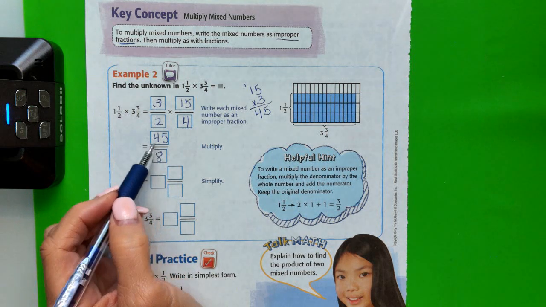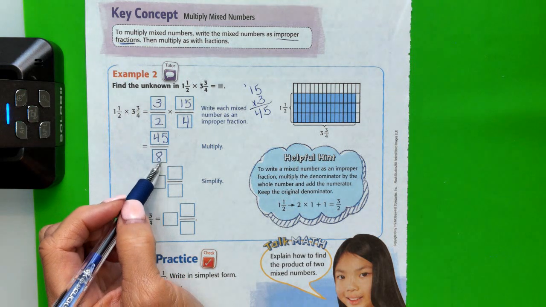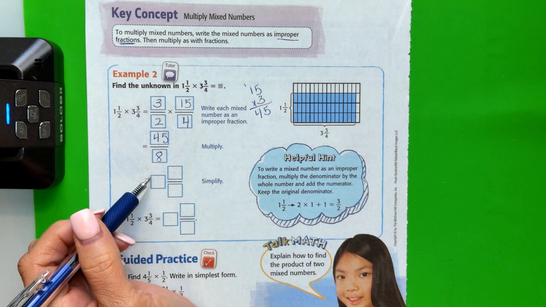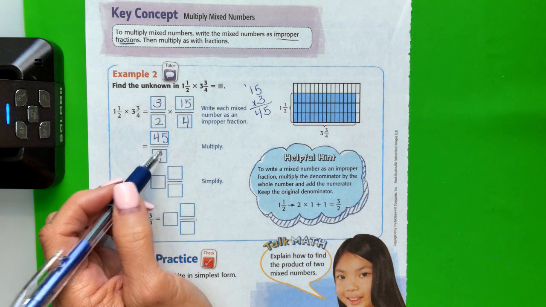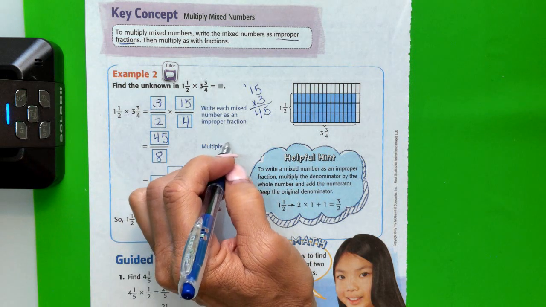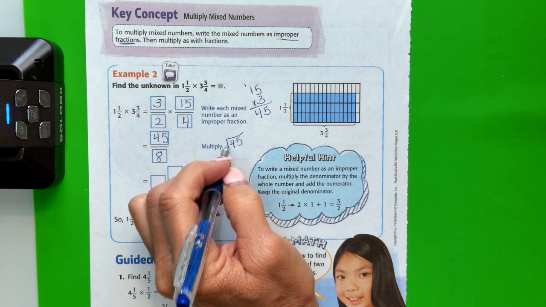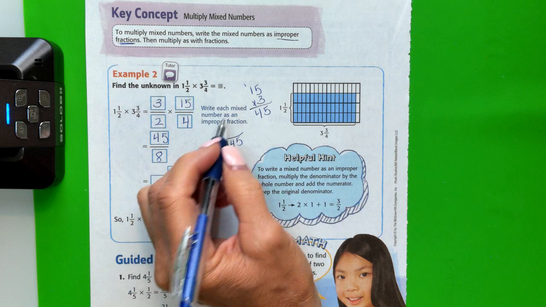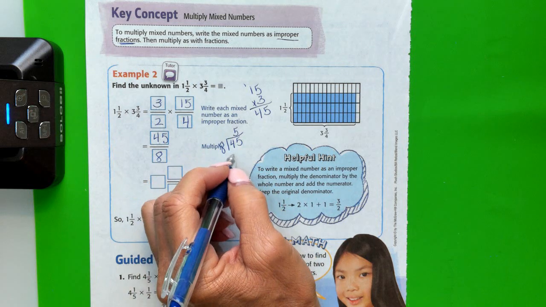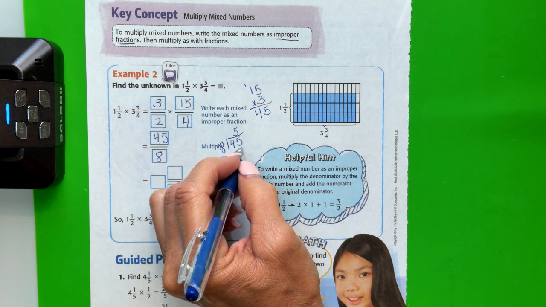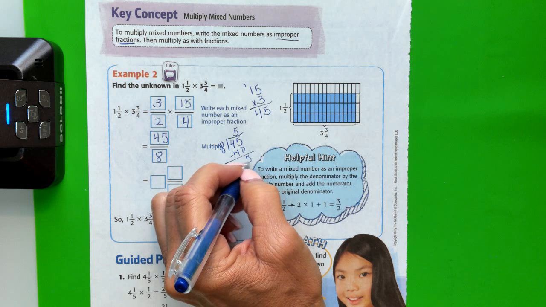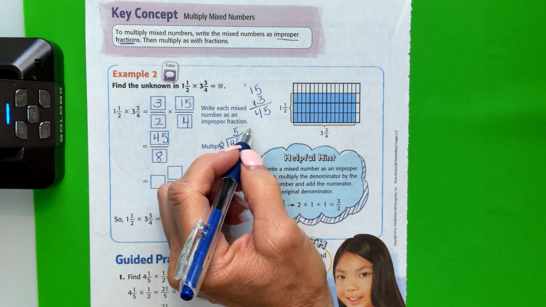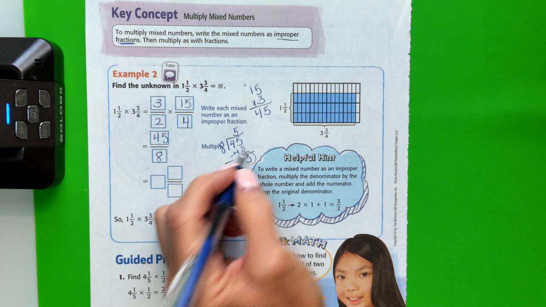But we have a massive improper fraction, don't we? So now we have to convert back to our mixed number. So 45 divided by 8. Well, we know 8 times 5 is 40. So we'll subtract, and we've got a remainder of 5.